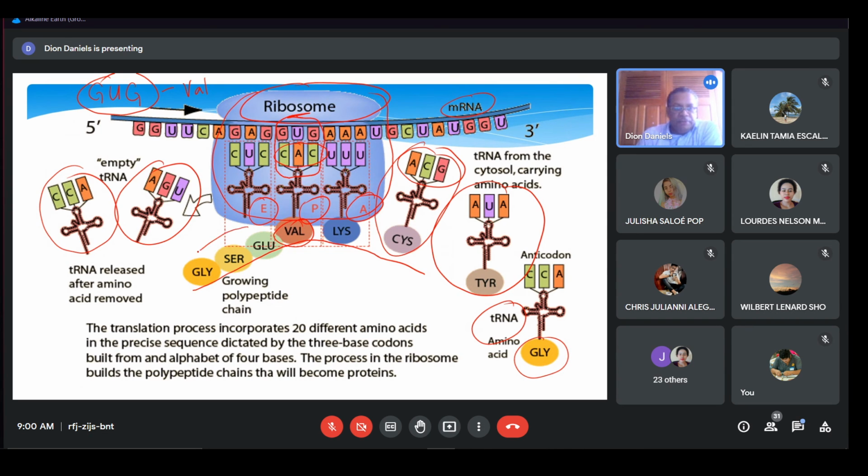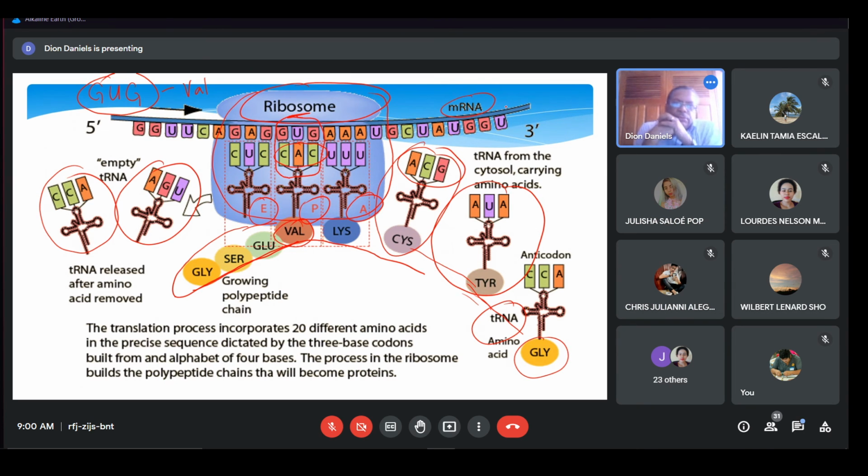So this right here is the polypeptide chain that is being built when these transfer RNA bring the corresponding amino acids. And here you have this growing polypeptide chain. That is continuous until all the coded message on the messenger RNA is read and translated.